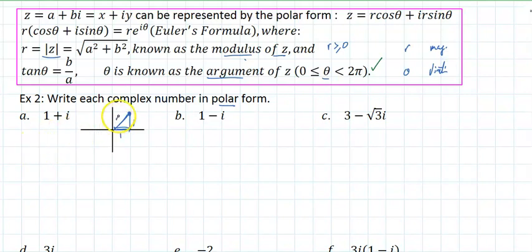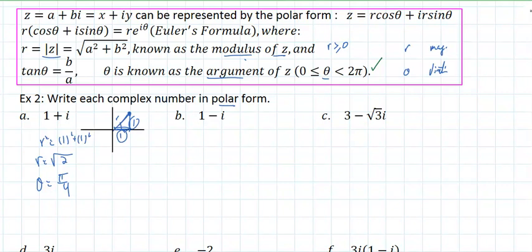So what's r? Well, we know that r squared is 1 squared plus 1 squared. Keep in mind, i never comes into play. i is only there for reference. And can you guess, if the opposite and the adjacent are the same, doesn't that mean that theta equals pi over 4? Write each complex number in polar form.